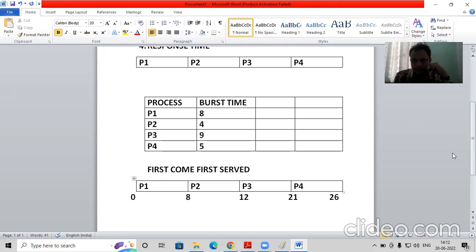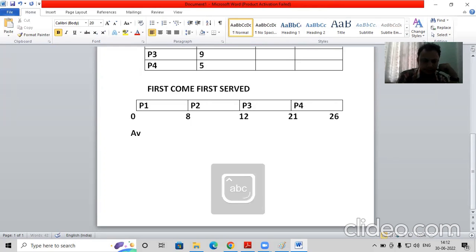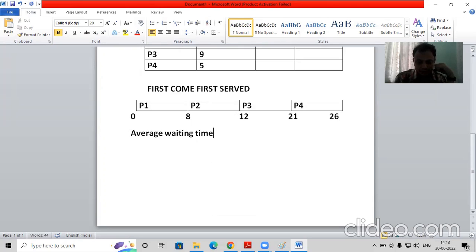Okay. So what is the average waiting time for each process? Here in this algorithm, what is the average waiting time? For P1, how much time is it waiting?